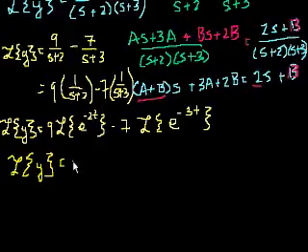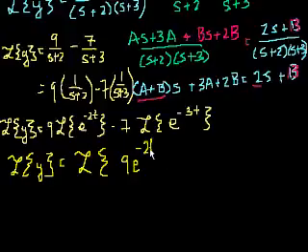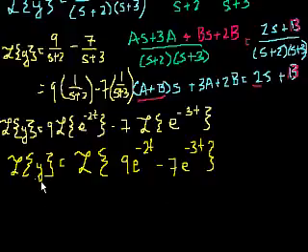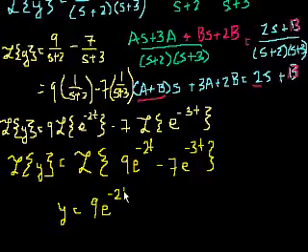So we could say that this is the same thing as the Laplace transform of 9e to the minus 2t minus 7e to the minus 3t. Now we have something interesting. The Laplace transform of y is equal to the Laplace transform of this. Well, if that's the case, then y must be equal to 9e to the minus 2t minus 7e to the minus 3t.